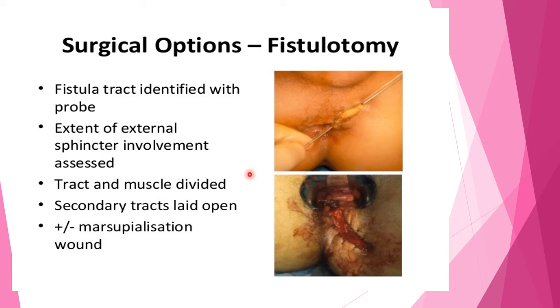Then the extent of sphincter involvement is assessed by digital examination. The tract and the muscle are divided, and the remaining tract that is visible is left to heal by secondary intention. So this is a fistulotomy, laying open a fistula tract and allowing it to heal by itself.